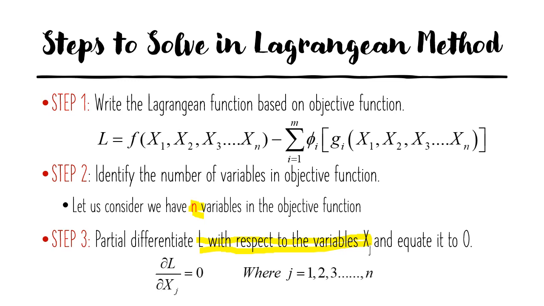In mathematical form, dou L by dou xj is equal to 0, where j is equal to 1, 2, 3 up to n. Here n is the number of variables available in the objective function.